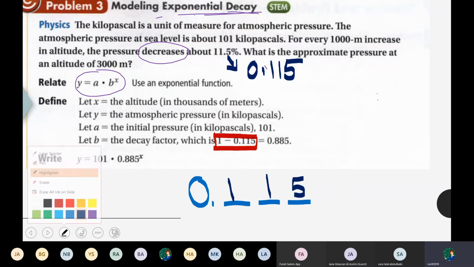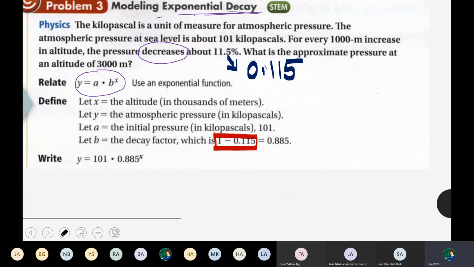This is now as a decimal. I didn't finish. I want now to find the decay factor. I must subtract 1 minus the number that I found before. Then 1.000 minus 0.115, putting the digits under each other.